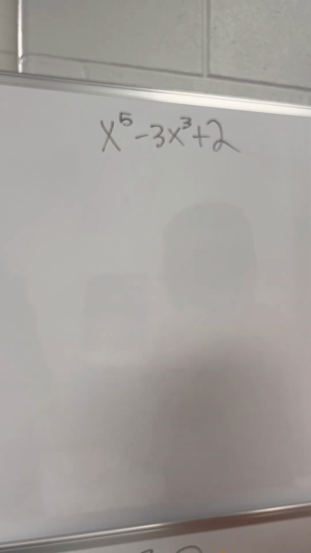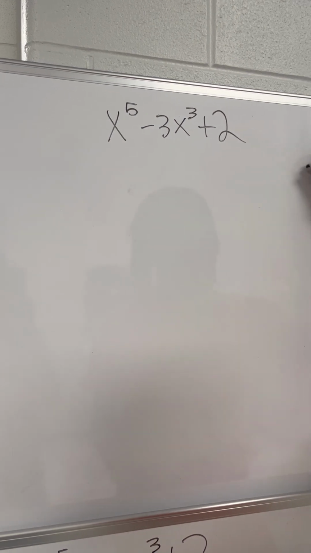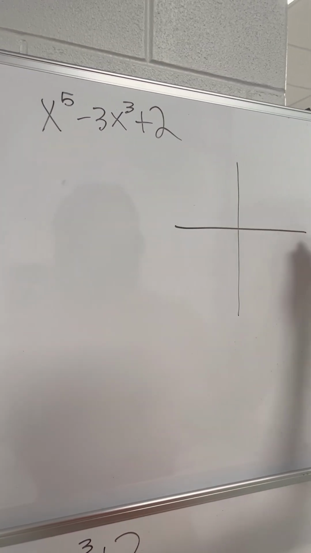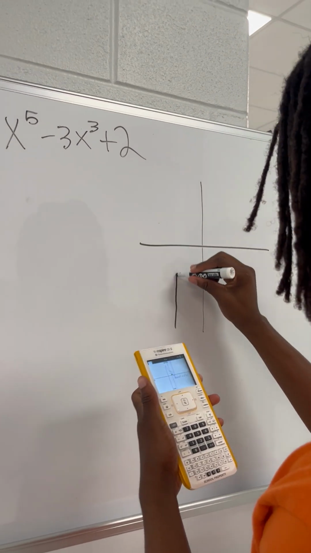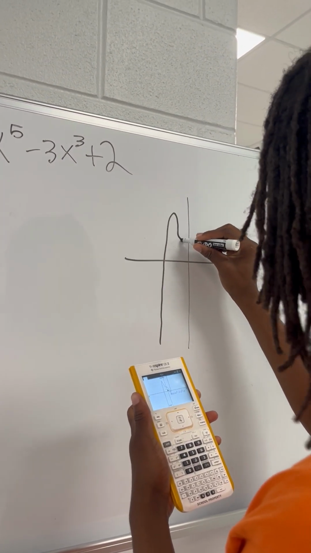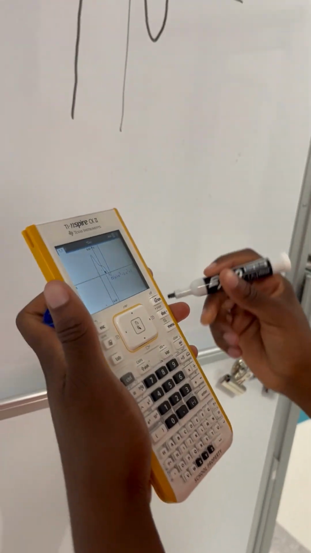All right, now that we have our graph, we're going to sketch it out. So it goes somewhat like this. All right, just like that.